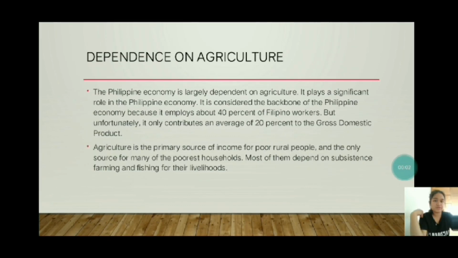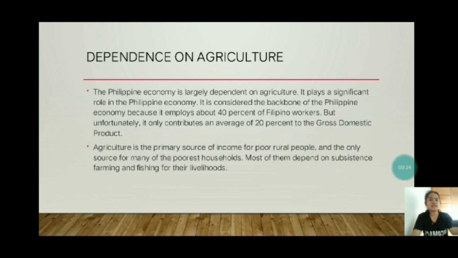Dependence on agriculture. The Philippine economy is largely dependent on agriculture. It plays a significant role in the Philippine economy. It is considered the backbone of the Philippine economy because it employs about 40% of Filipino workers.